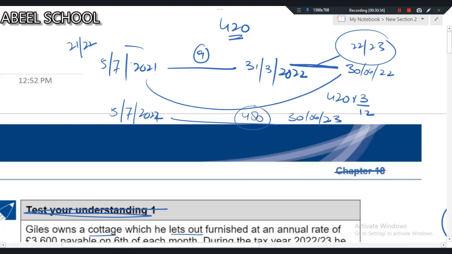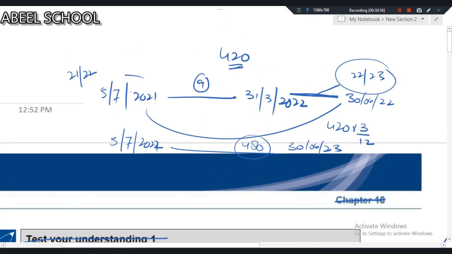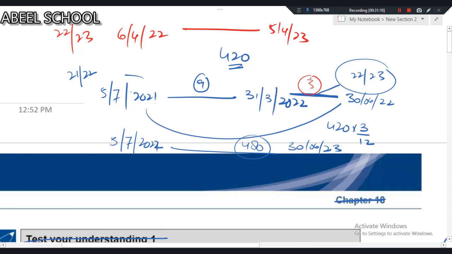months. Why 9 months? Let me change the color of the pen. We are solving the question for the tax year 22-23, and the tax year 22-23 starts from 6 April 2022 and ends on 5th April 2023. So the 3 month period will be taken from the previous insurance, and the 9 month period will be taken from the current year insurance.